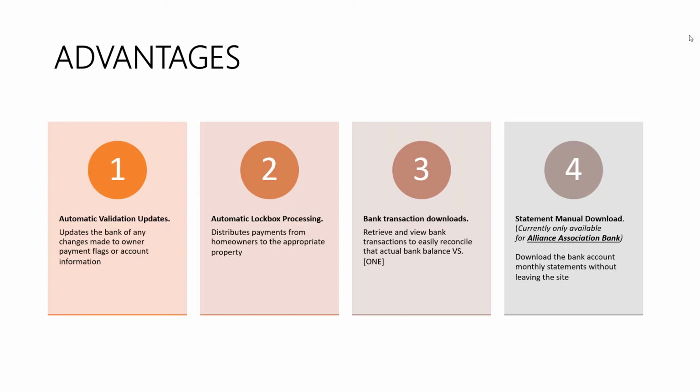Number three, bank transaction download. So retrieving and viewing bank transactions to easily reconcile the actual bank balance versus TOPS 1. So doing bank rec. This will automatically download those balances and those items so that you can easily do your bank rec.